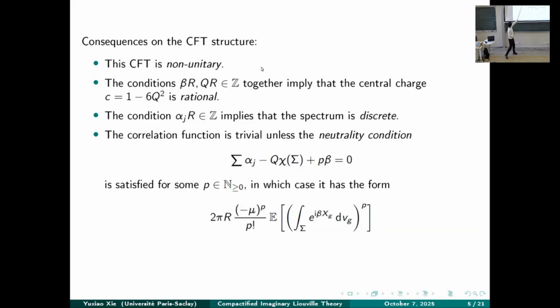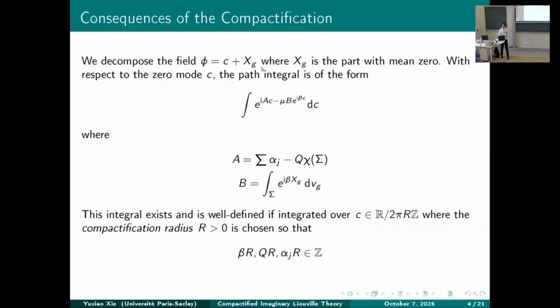And then also we have this condition on the charge. So you can see later that these will give you the primary fields in your theory. Now we have this condition, which means that the spectrum of your theory is going to be discrete. And finally, with our assumptions, you can actually do something that mathematicians would dream to do, which is that you can Taylor expand this part.